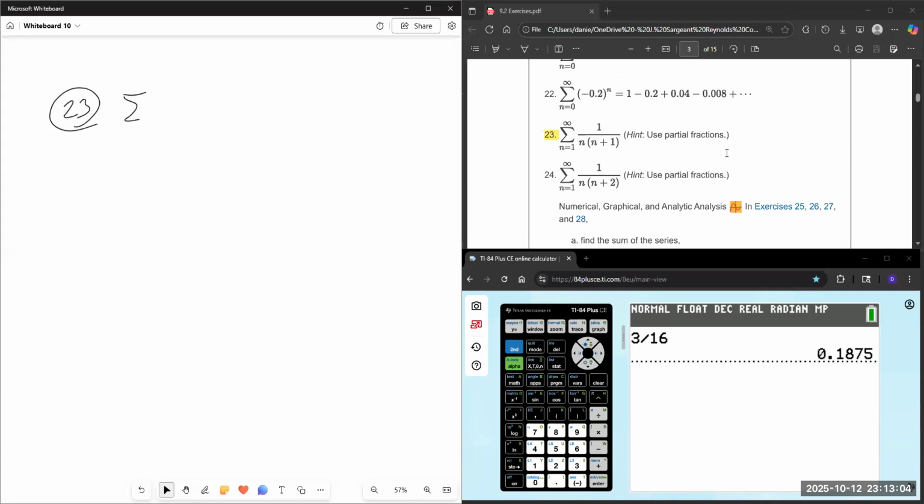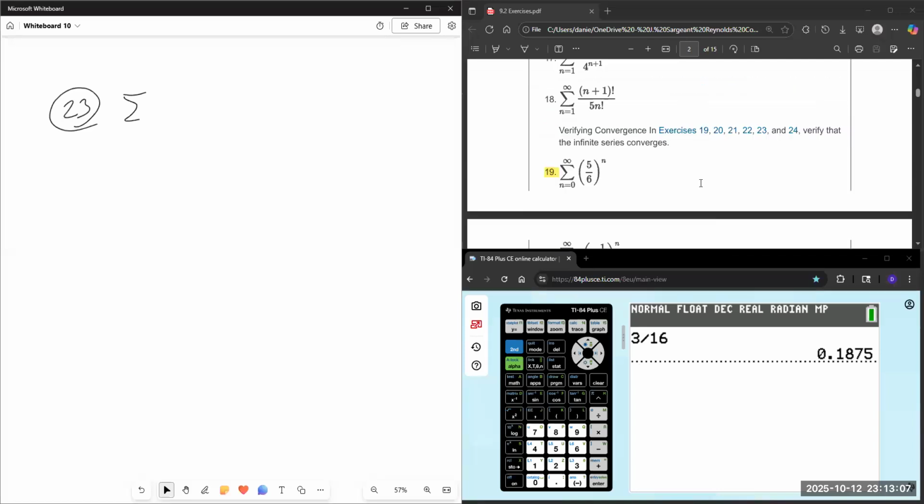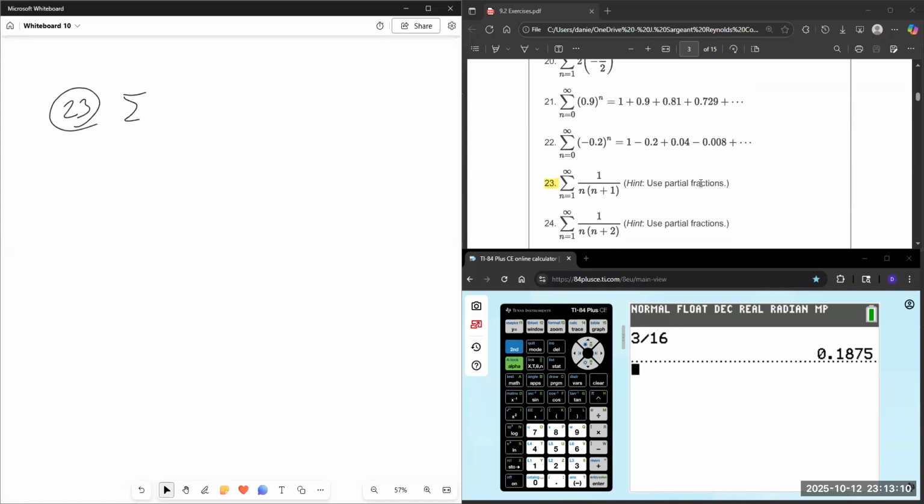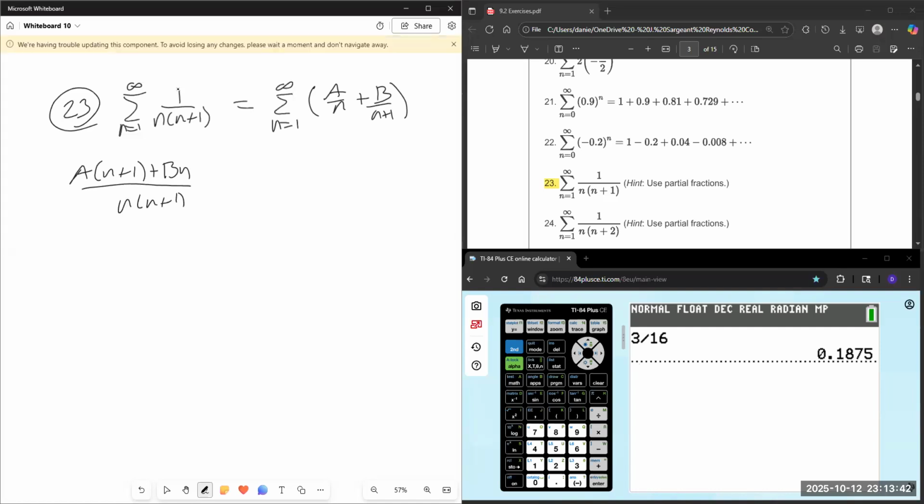So 1 over n times n plus 1 will be equal to the sum from n equals 1 to infinity of a over n plus b over n plus 1. And so I want a times n plus 1 plus b n over n times n plus 1 to equal 1 over n times n plus 1.